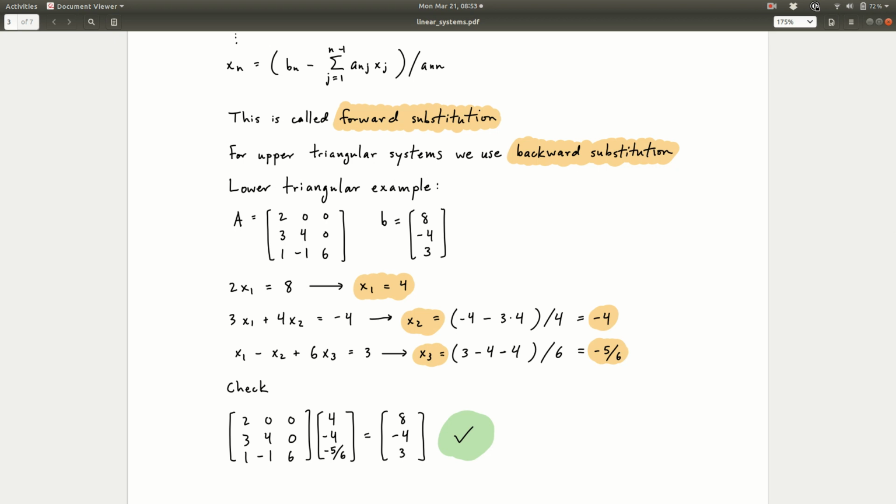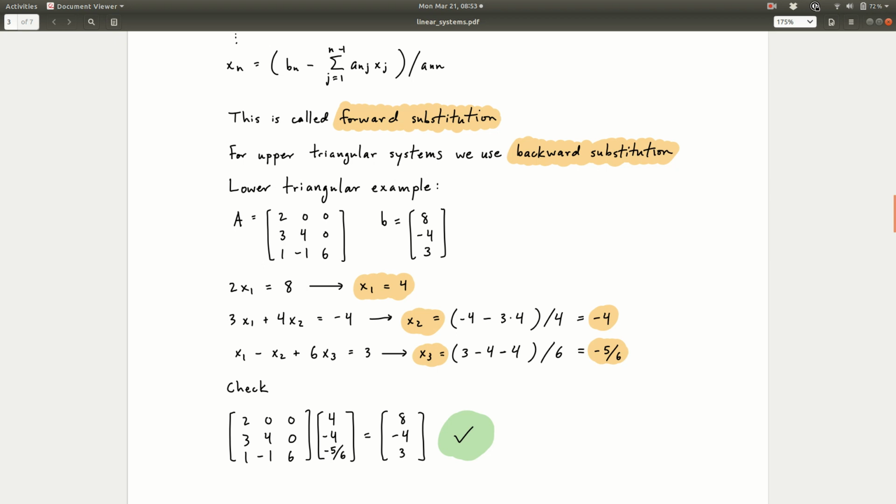And if we write out the equation Ax equals b in terms of the individual components, we're going to get 2x1 equals 8 for the first equation. The second equation is 3x1 plus 4x2 equals minus 4. The third equation is x1 minus x2 plus 6x3 equals 3.